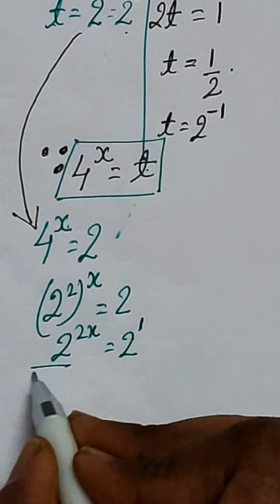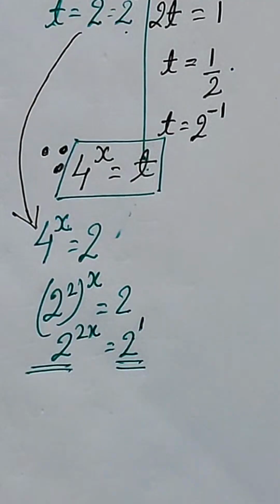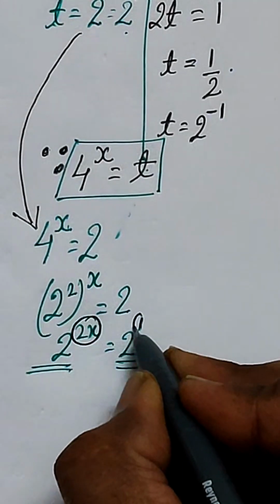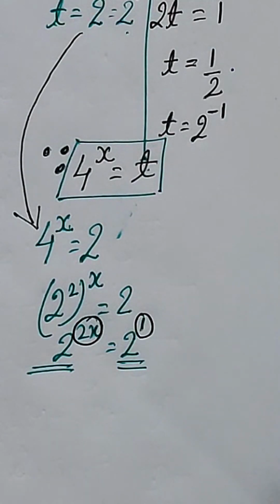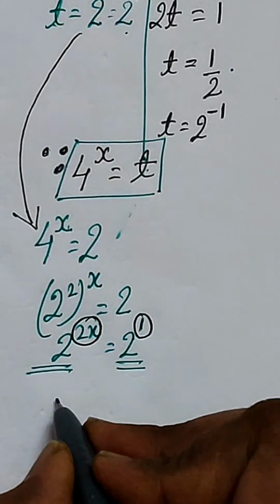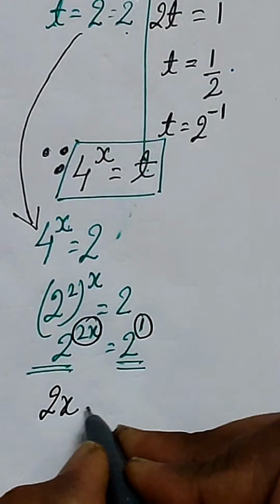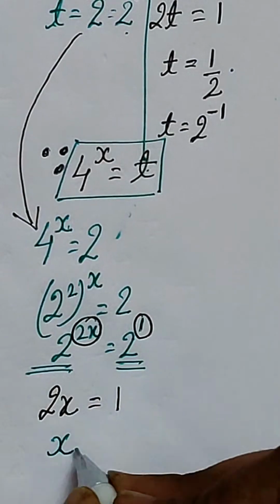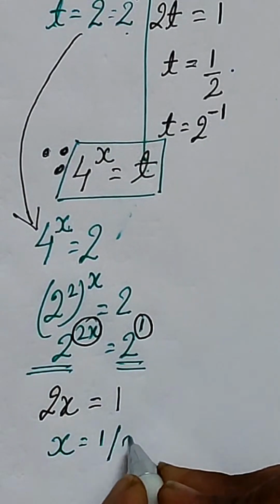Since the bases are same, the exponents can be equated. So 2x equal to 1, which gives the value of x as 1 by 2.